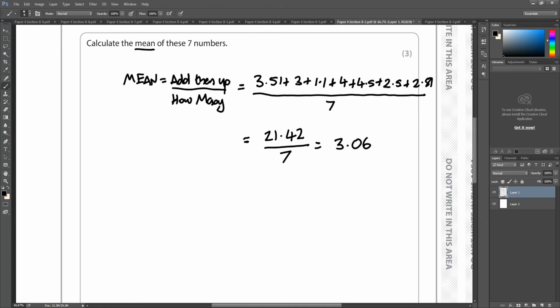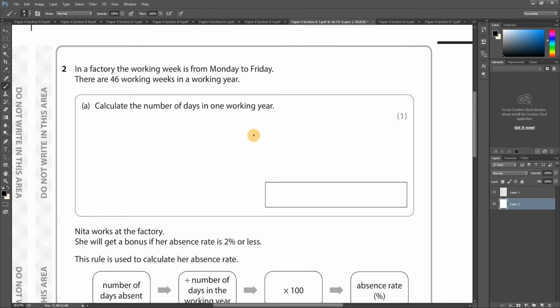Let's move on. Question 2. In a factory, the working week is from Monday to Friday. There are 46 working weeks in a working year. Part A says, calculate the number of days in 1 working year. That tells you right there, in 1 week, Monday to Friday, that's 5 days per week.